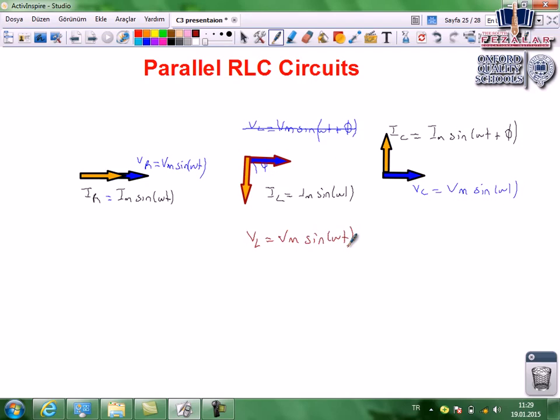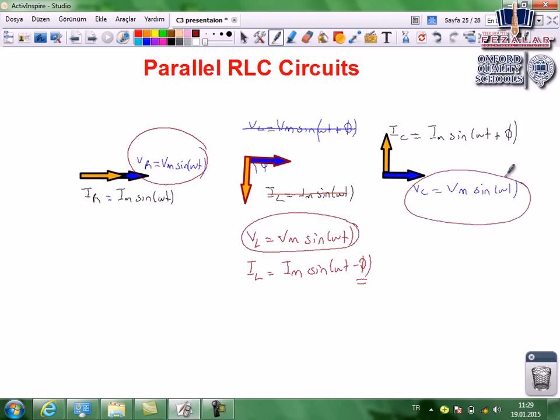Initially VL had greater phi, now VL also has greater phi, but I will write IL as smaller, like that: IL equals Im sine omega t minus phi. As you see, VL leads IL by phi. Now VR equals Vm sine omega t, VL equals Vm sine omega t, VC equals Vm sine omega t. That means all voltages are the same.